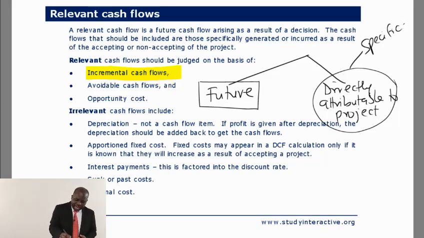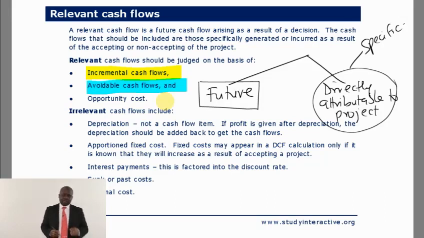We also say that that cash flow should be avoidable. Sometimes some of you use variable costs. And the argument here is that if somebody says variable cost is relevant, there's no argument about that, because variable costs are additional costs. So variable costs associated with the project are obviously relevant.